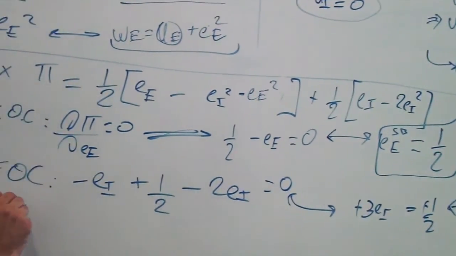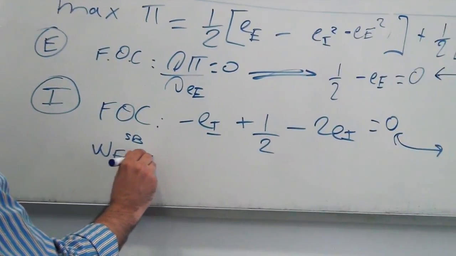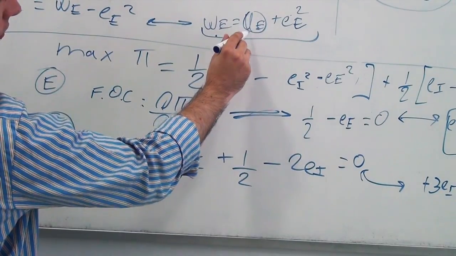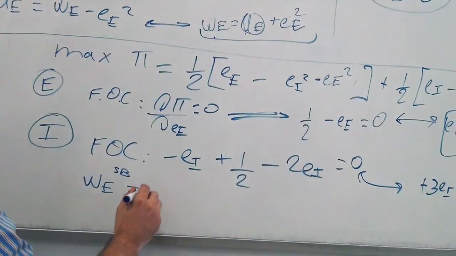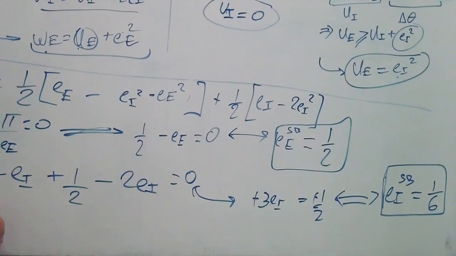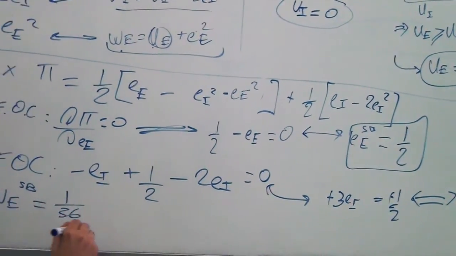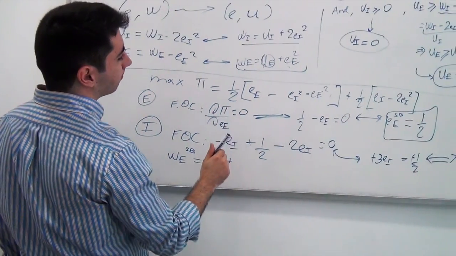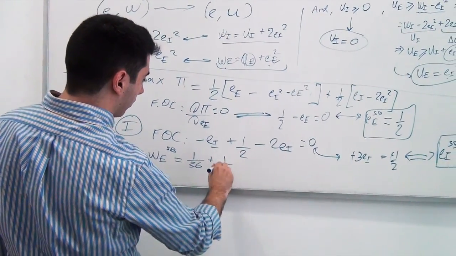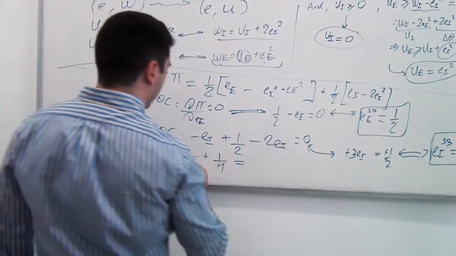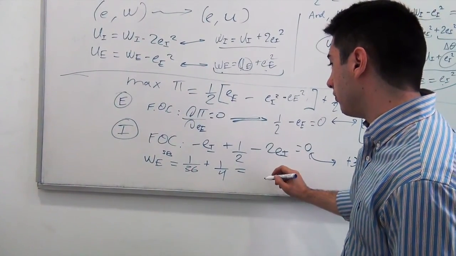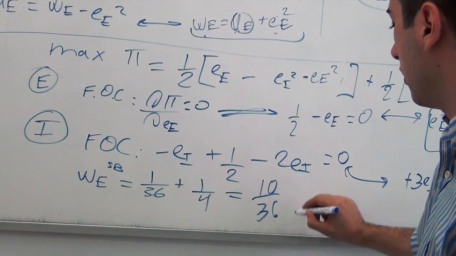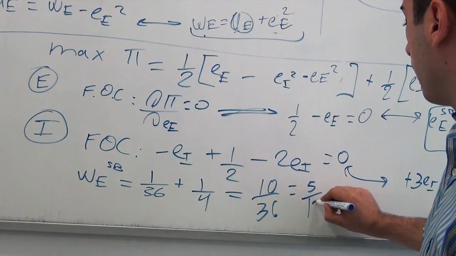For the efficient, in the second best, the wage is again this, which is 1/36 plus the information rent, which is simply 1/4. And this simply is 10/36, which is 5/18.